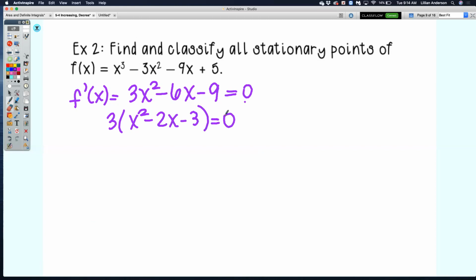This one's a tad bit different than the other one because we don't have to slide divide bottoms up because our a value is a 1 now that I factored out that 3. So now I'm just looking for two numbers that multiply to give me -3 and add together to give me -2. And what are those numbers? -3 and 1. So this factors down to be x minus 3, x plus 1.